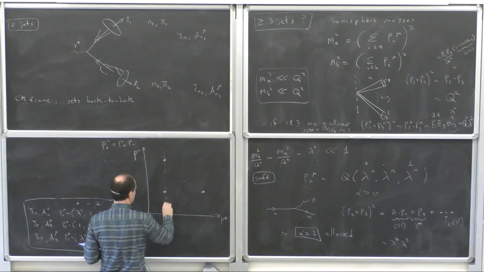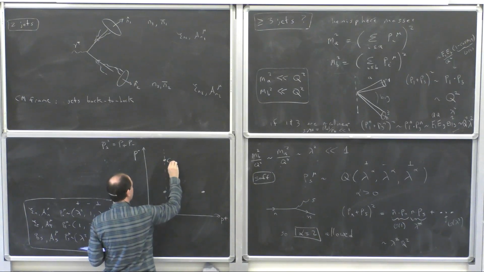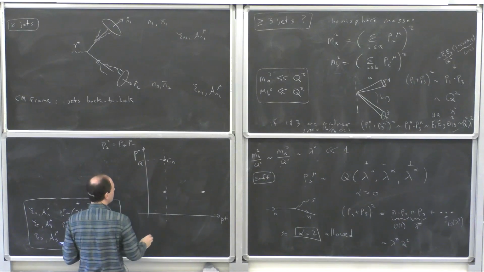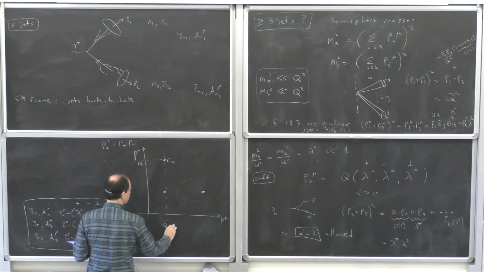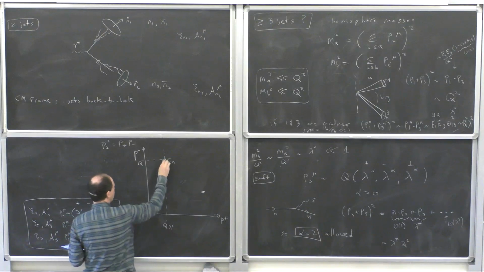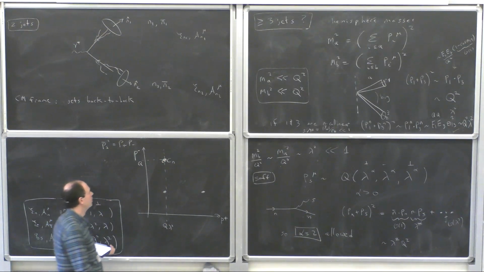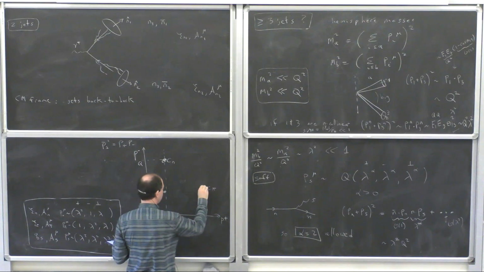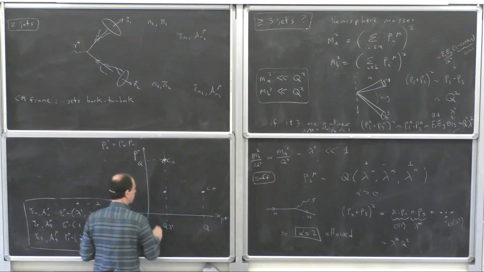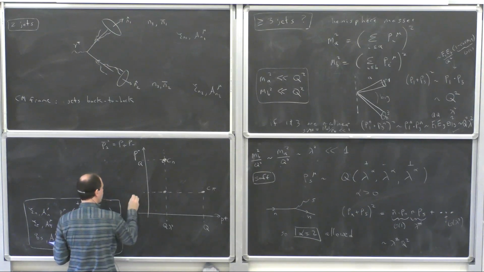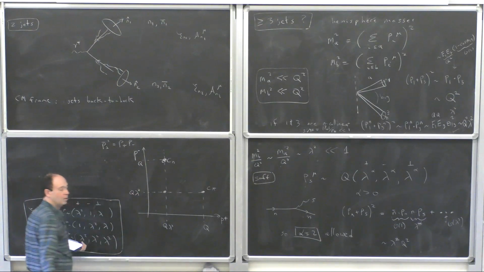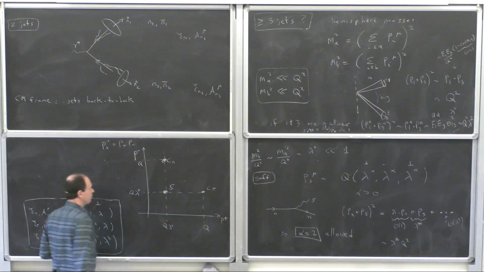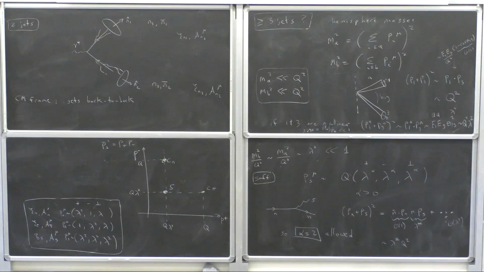So the n-collinear degrees of freedom have a minus momentum that's of order q and a plus momentum that's of order q lambda squared. So that's why they live here in momentum space. The n-bar collinear momenta live over here, kind of the mirror, where they have plus momentum of order q and minus momentum of order q lambda squared. And then the soft ones that we were talking about live here, where both components are of order q lambda squared.